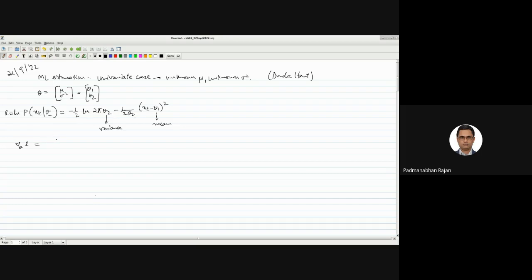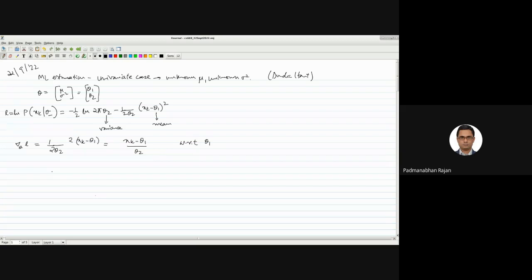So you will get 1 by 2 theta2, theta2 is a constant, times 2 times xk minus theta1, which gives me nothing but xk minus theta1 by theta2. This is the first part of the vector, with respect to theta1.